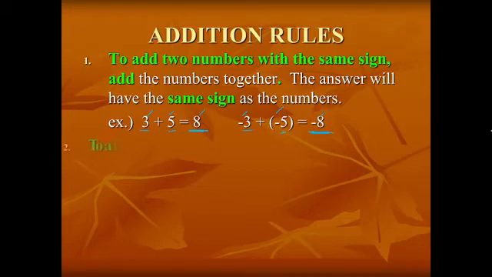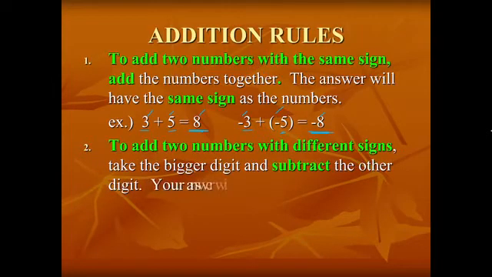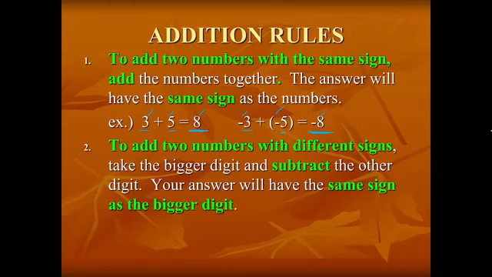Okay? What if you're having opposite or different signs? So take note, to add two numbers with different signs, subtract them. So bigger minus smaller. And then the answer will have the same sign as the bigger digit. Okay? The answer will have the sign of the bigger digit.